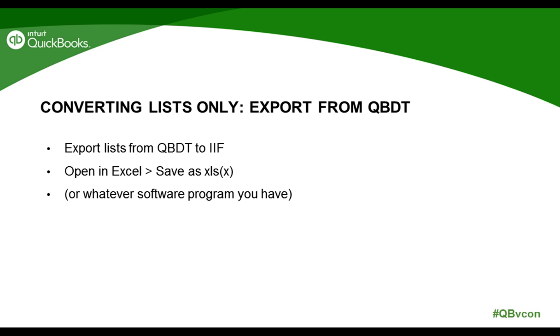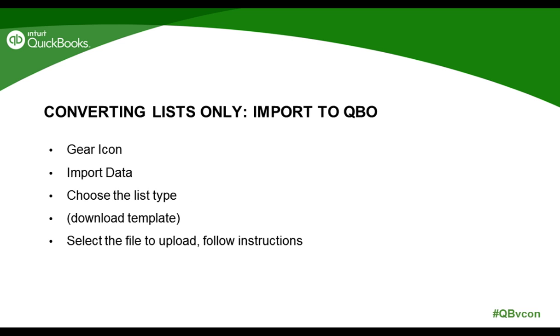So there's a little drop down when you're looking for a file when you're opening up Excel, and you can open up that IIF file, and you can then do a Save As and save it as Excel, or you can save it as a CSV. Doesn't really matter. You just want to save it as some sort of spreadsheet.